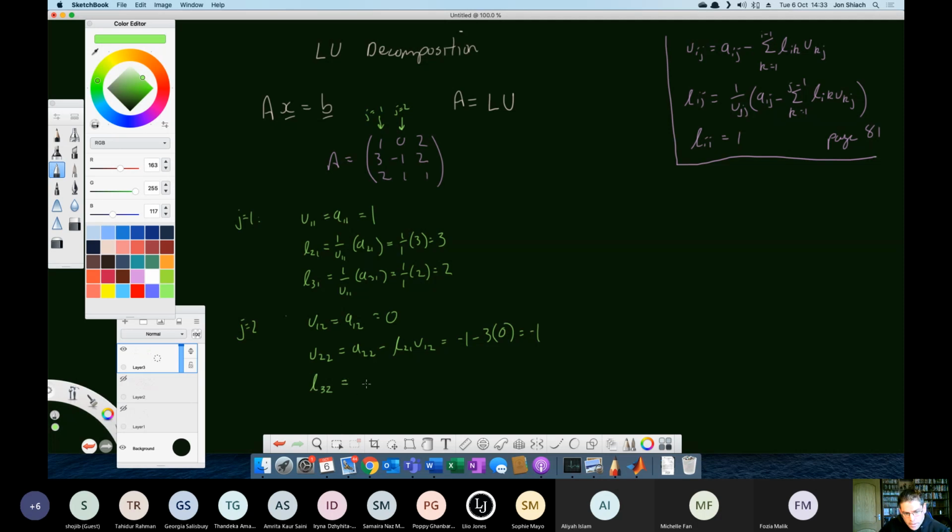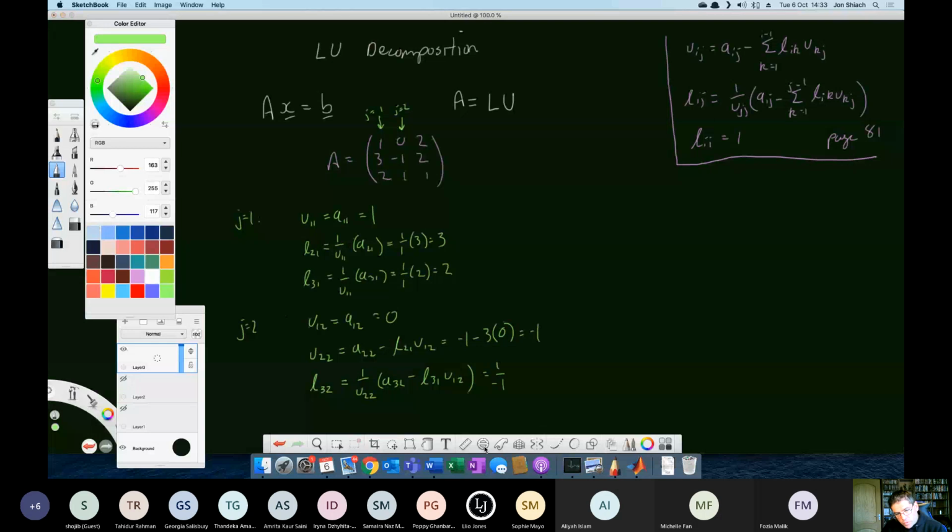L32. This is where I'm now going to be using the Lij equation. So it's 1 over U22 times A32 minus L31 U12, where I is 3, K is 1, and J is 2.